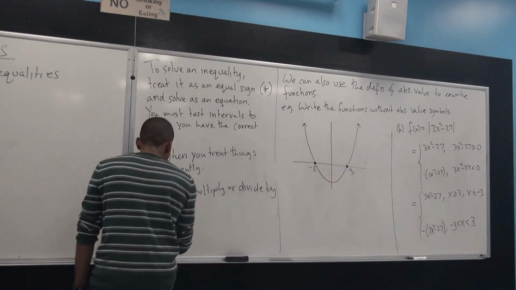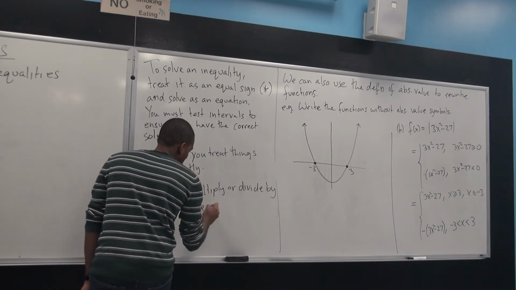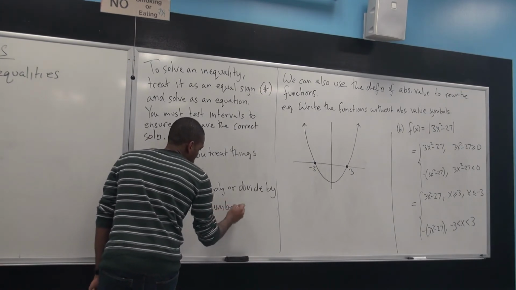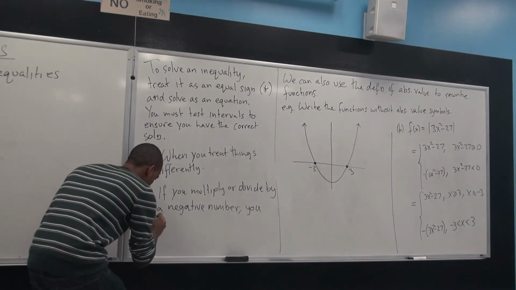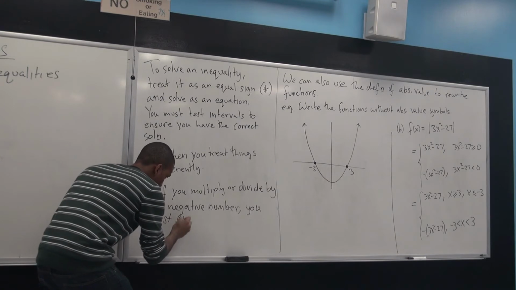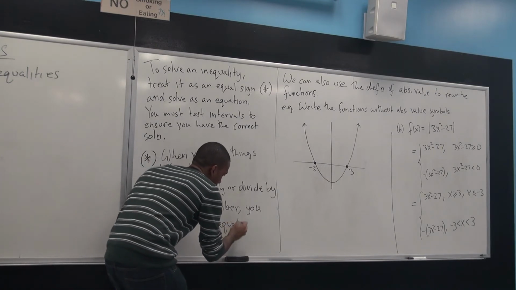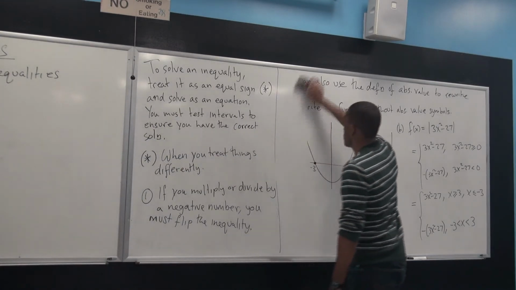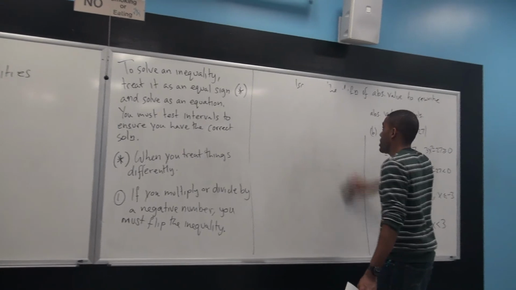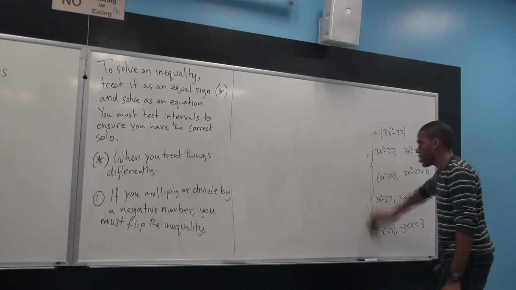If you multiply or divide by a negative number, you must flip the inequality sign. So, for example, overall you can treat it like an equal sign, except in one of two cases. This is one of the cases.